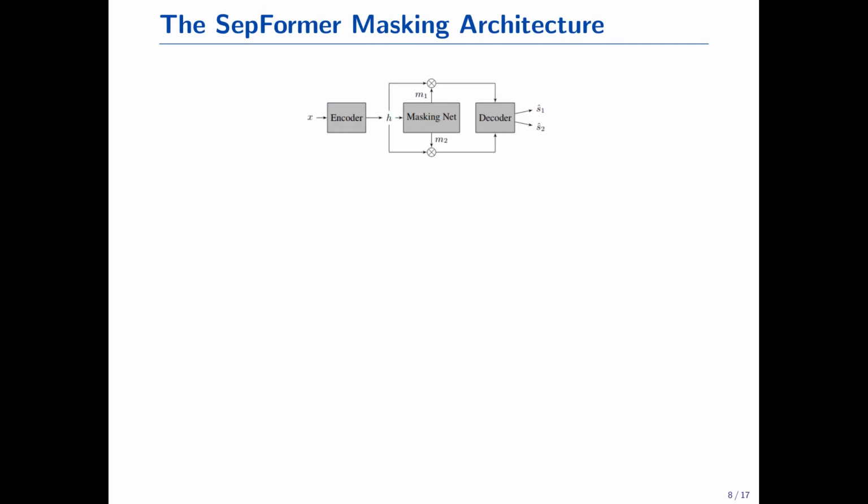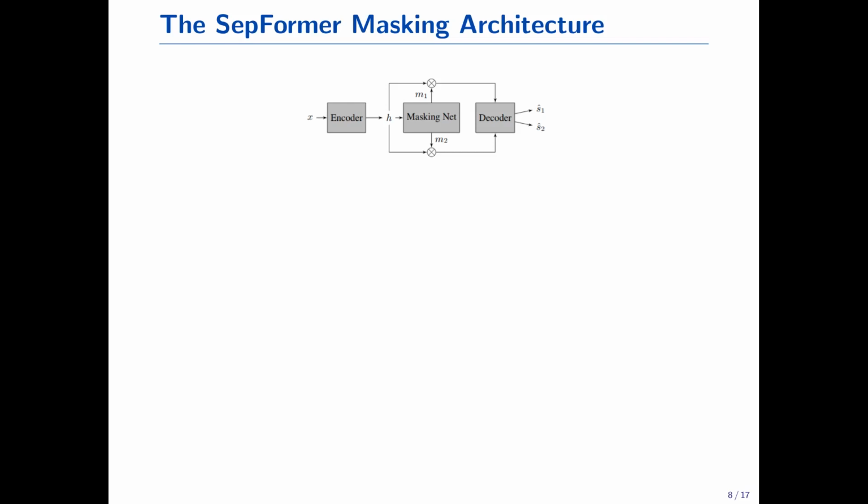So, okay, with that, let me define what our complete system is. We use a masking-based architecture that is fully learnable. It has fully learnable encoder and decoder blocks, which are essentially convolutional layers.